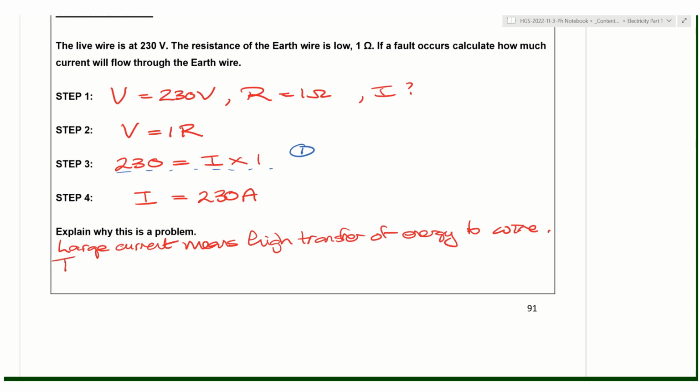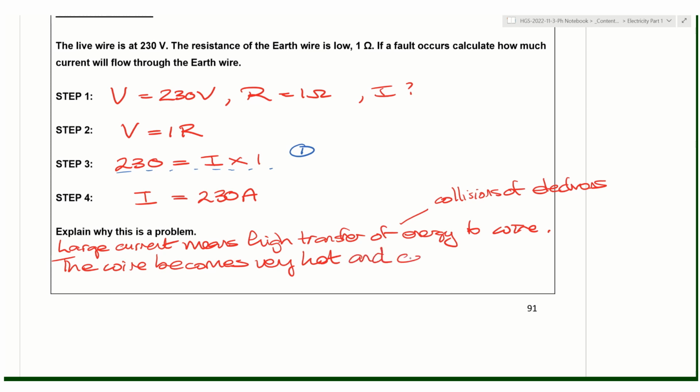This means the wire becomes very hot. This is happening because of the collisions of electrons with the atoms in the wire. The wire becomes very hot and can melt.